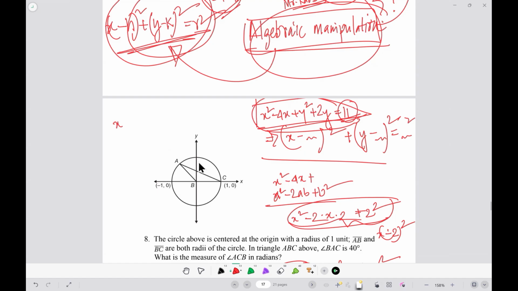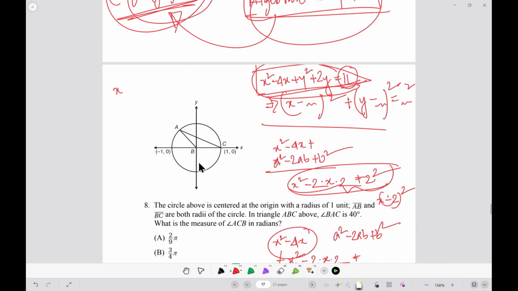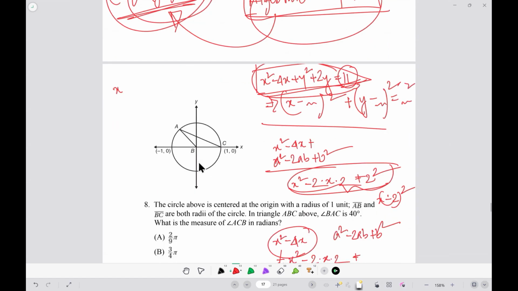Do you understand at least at this point? Okay, fine, then we can proceed in terms of algebraic manipulation.